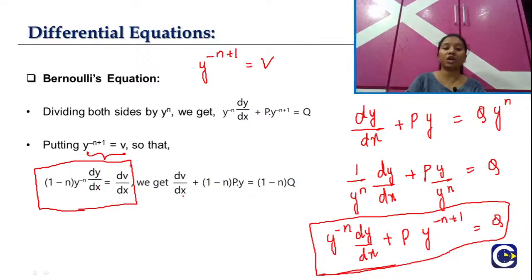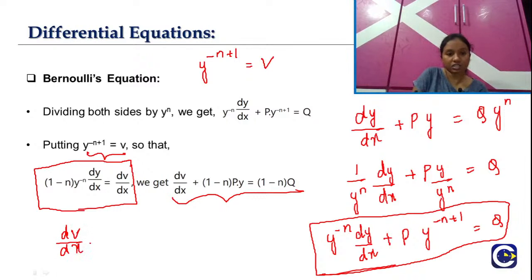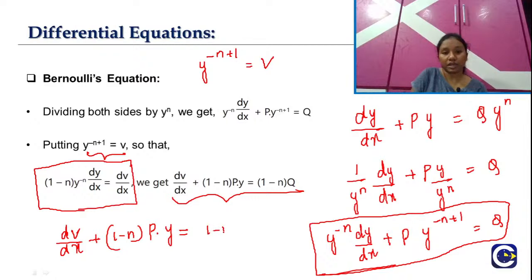After doing all these substitutions we end up with dv by dx plus 1 minus n into p y is equal to 1 minus n into q. So now you can identify that it has turned into our linear form of differential equation.